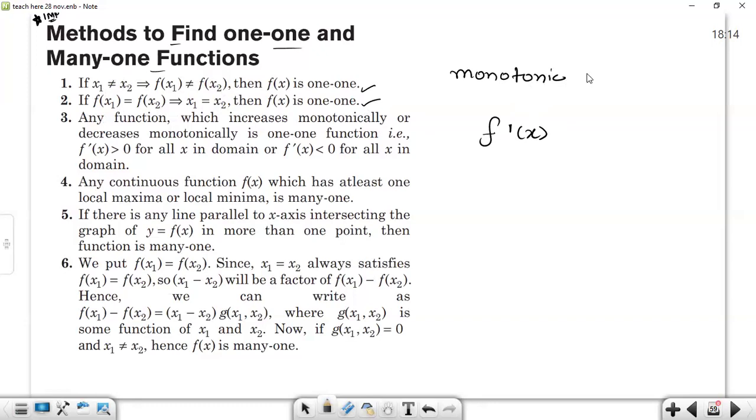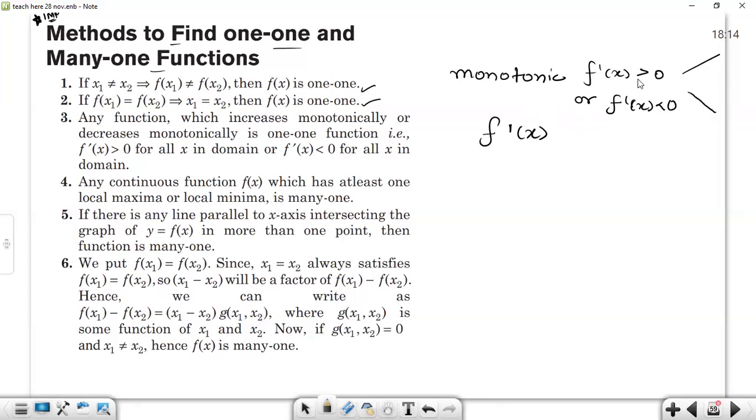Monotonic means f dash of x should be greater than 0, strictly increasing, or f dash of x should be less than 0. So monotonically increasing is a positive slope function, going upwards, and where the slope is negative it will be monotonically decreasing.